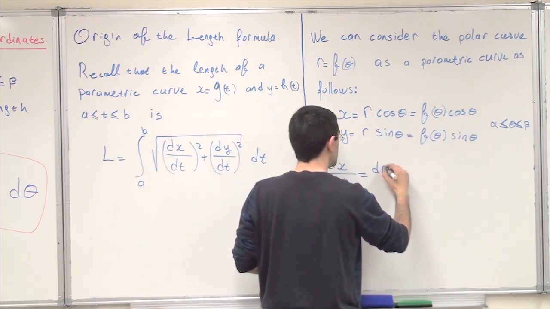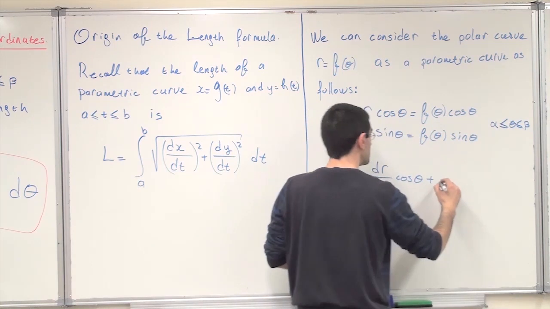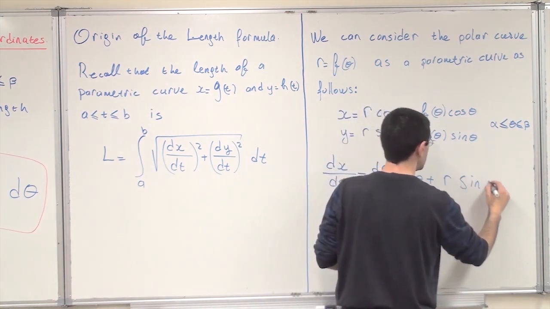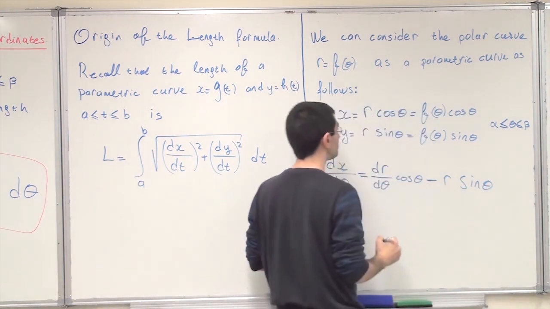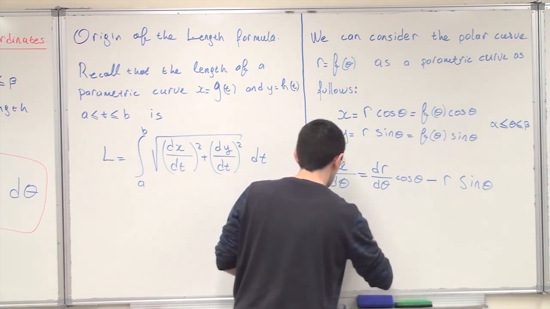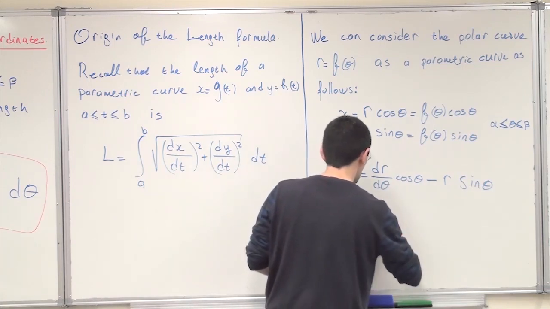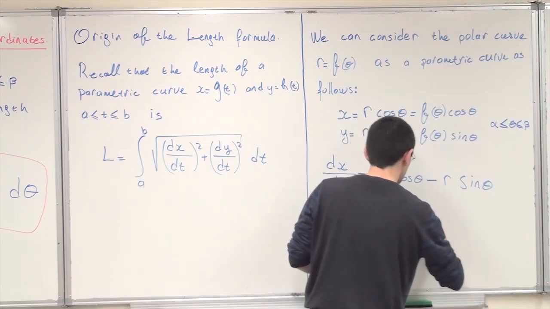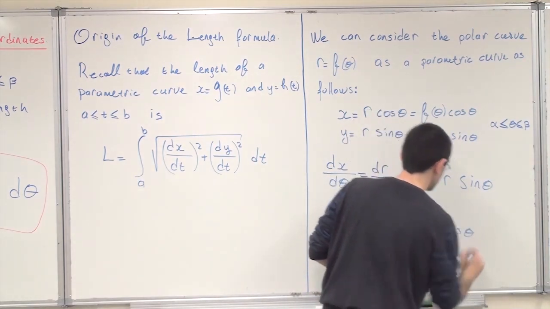So we have dr over d theta cosine theta plus r times negative sine theta. So we write the negative sign over here. And we also differentiate y with respect to theta, and we get dr over d theta sine theta plus r cosine theta.